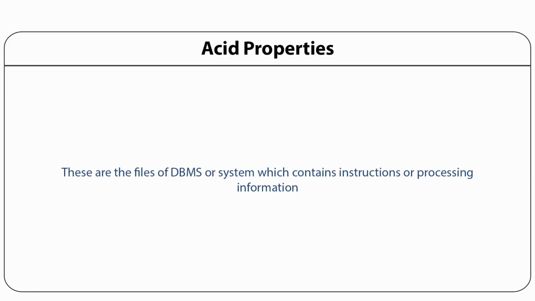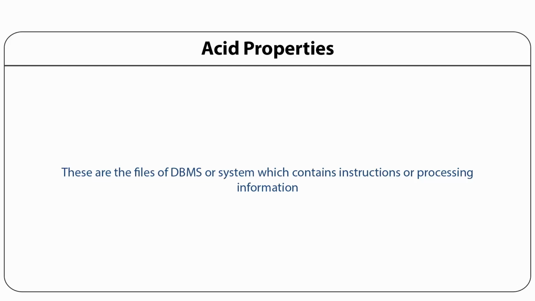Program files. Program files are the files which are part of a database management system. These files contain instructions or processing information. Normally, program files are the actual programs, or the part of the software, which contain the processing instructions for how a particular activity has to be done.